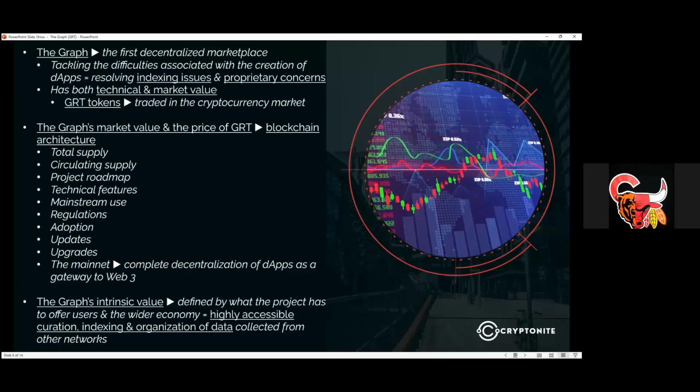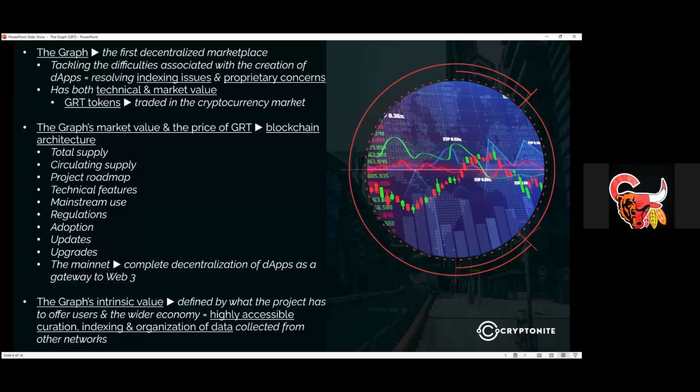Now, the value of The Graph really depends on many things. Of course, like every coin, you have the total supply and circulating supply, but what's also going to be important is the roadmap. What's coming up? How is it being used? Is it really used a lot or not a whole lot?